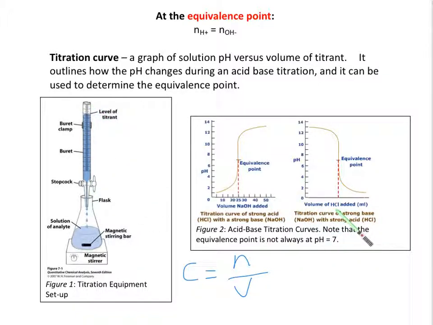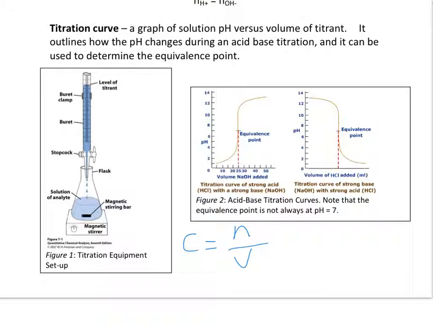Either way, we see that as the volume of the titrant is changing, so is the pH of the solution. At a certain point, we reach the equivalence point. Just to note that the equivalence point is not always at pH 7, and again, in grade 12 chemistry, we'll talk a little bit more about that.